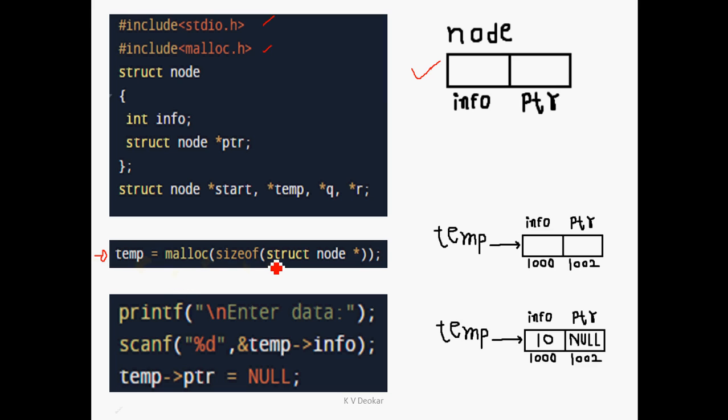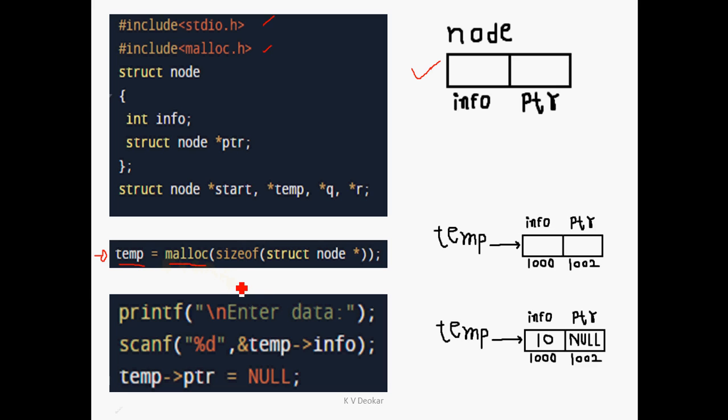When this line is executed, temp, a pointer variable, will have the memory address of the first location of whatever memory is allocated by this malloc function.